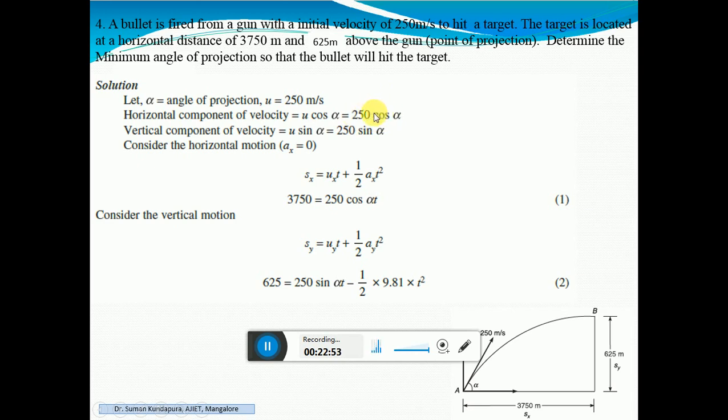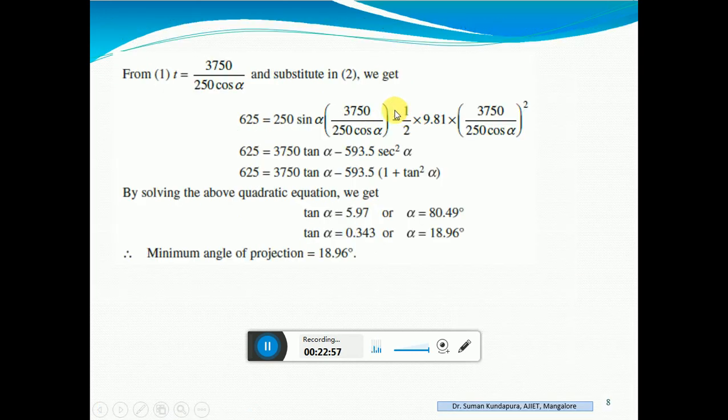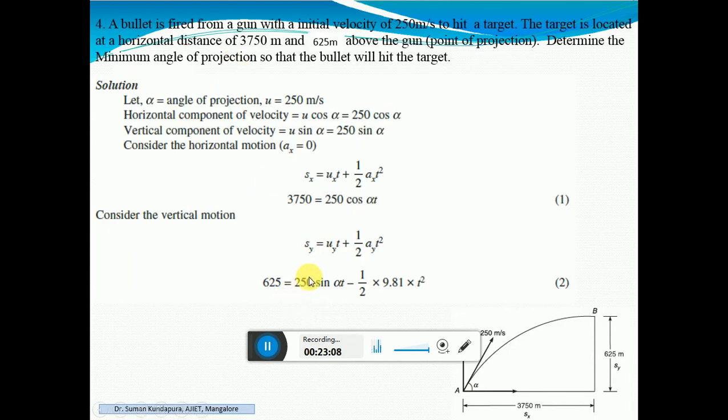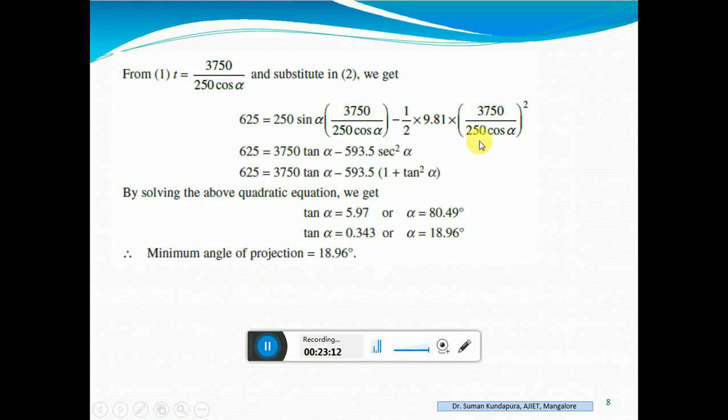X is equal to ut. So this into t, therefore t is equal to 3750 divided by, that is the x component, divided by 250 cos alpha. Now substitute this value in the second equation, and go on solving for alpha.